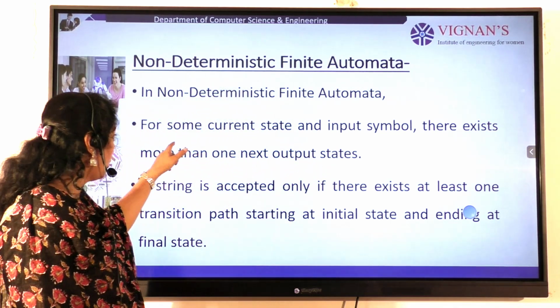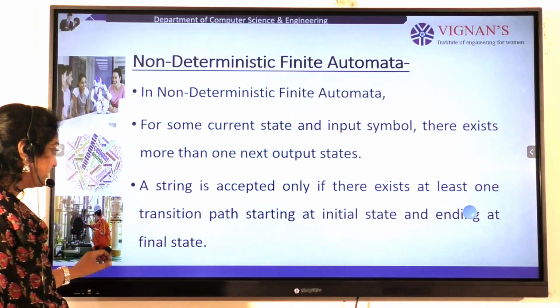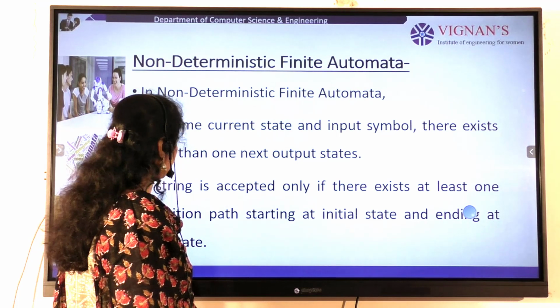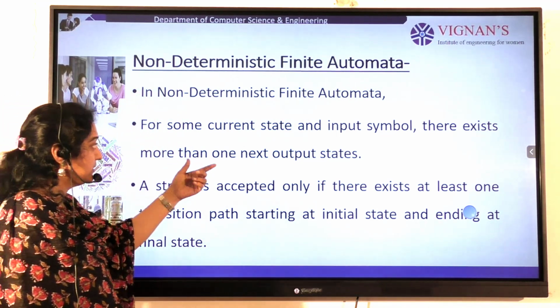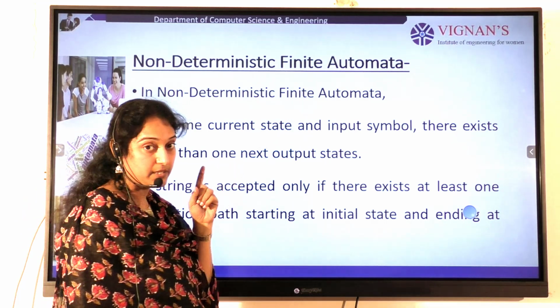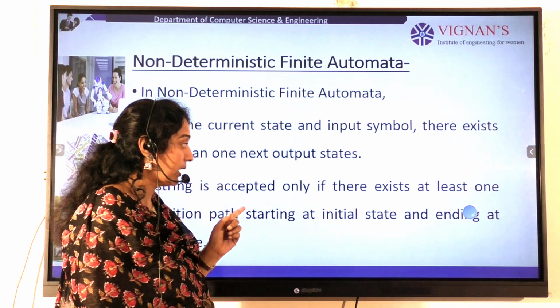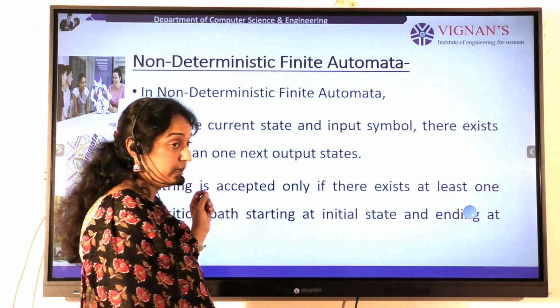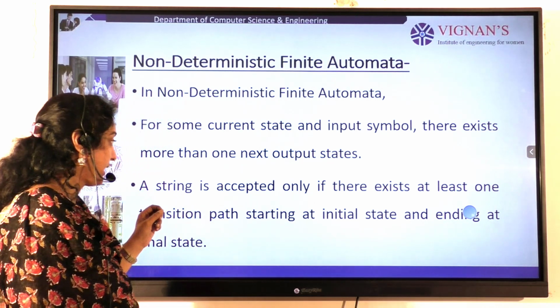So that is what non-deterministic finite automata is, where there is no exactness. In deterministic finite automata, while reaching another state, it reads a single input symbol and reaches exactly one state. That is why it is known as deterministic finite automata, where there is an exactness.